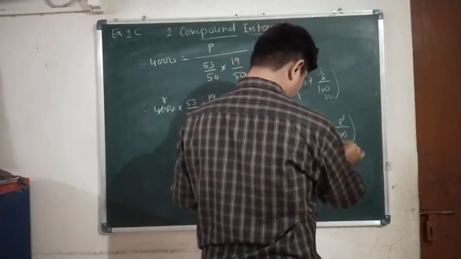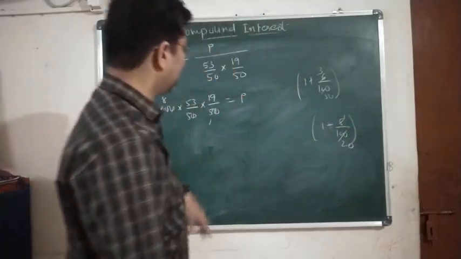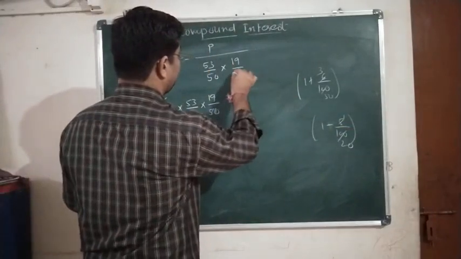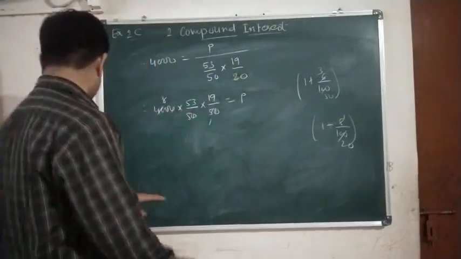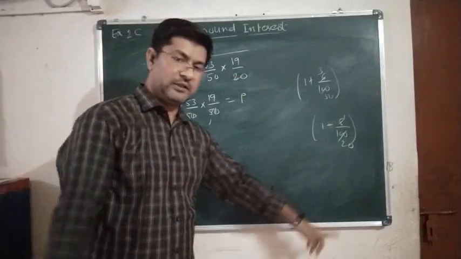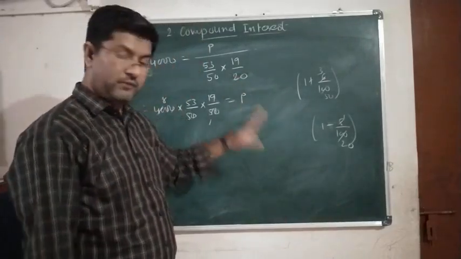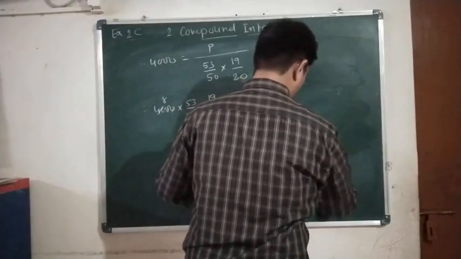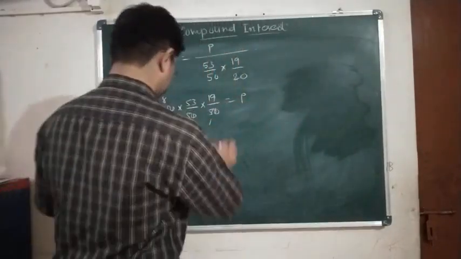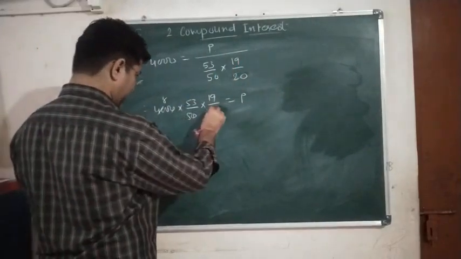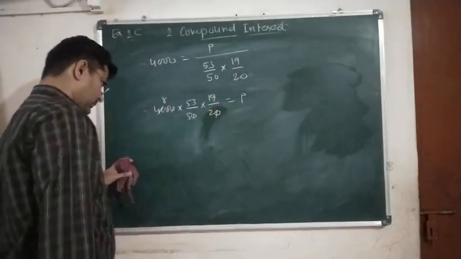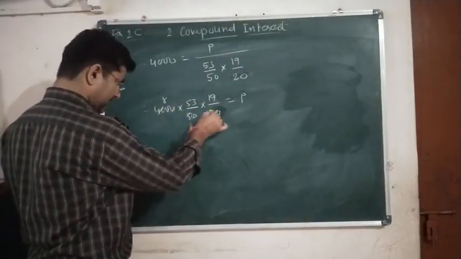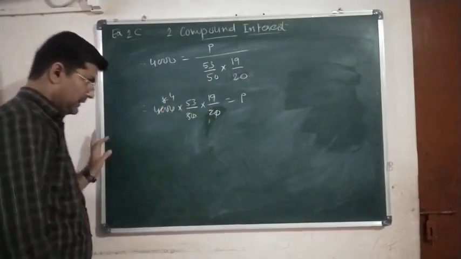So 5 ones are 5, 20, 19 upon 20 actually. So here 20 will come and not 50, remember. If in the previous step we have by mistake written 50, you should correct it and put 20. Further, 2 zeros will get cancelled. Now 5 ones are 5, eights are, 2 ones are 2, fours are.